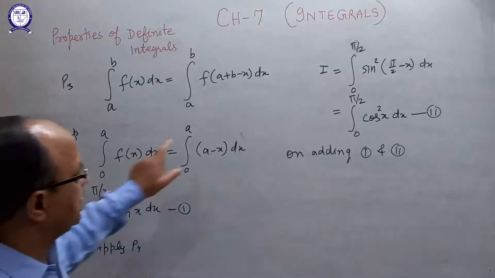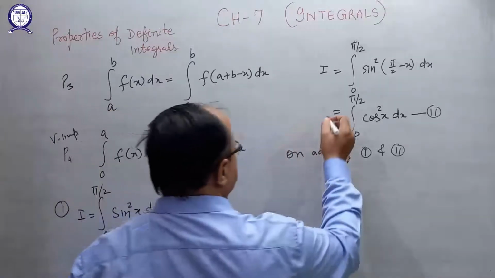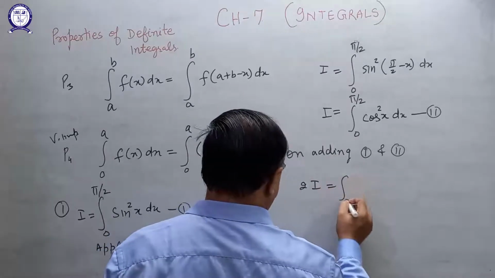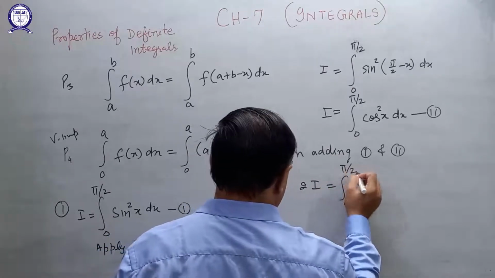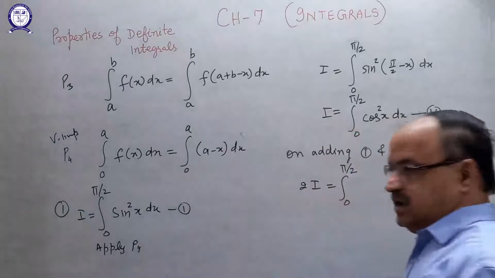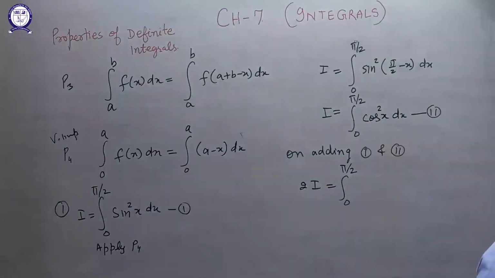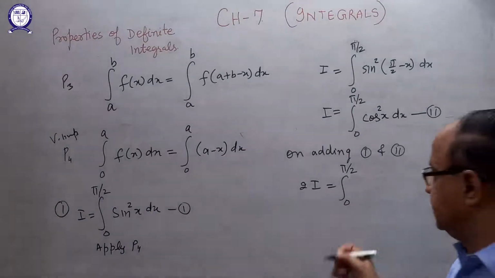I plus I is 2I, integration 0 to pi by 2 of sin square x plus cos square x. Sin square x plus cos square x is 1.